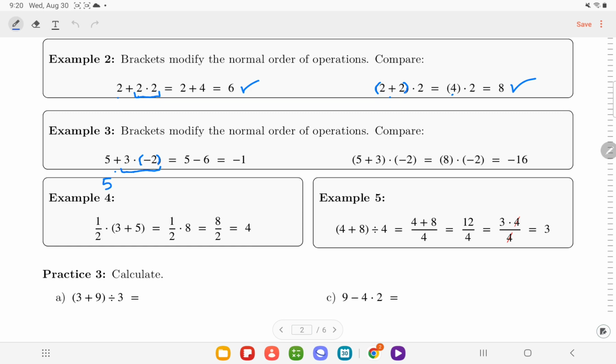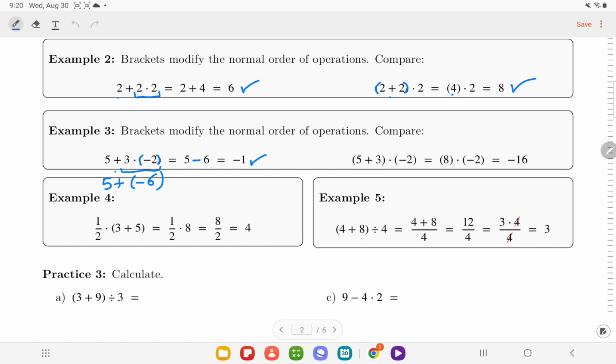We get 5 plus 3 times negative 2 is negative 6. Remember that adding a negative is the same as subtracting an integer. So 5 minus 6 or 5 plus negative 6. The result is negative 1.